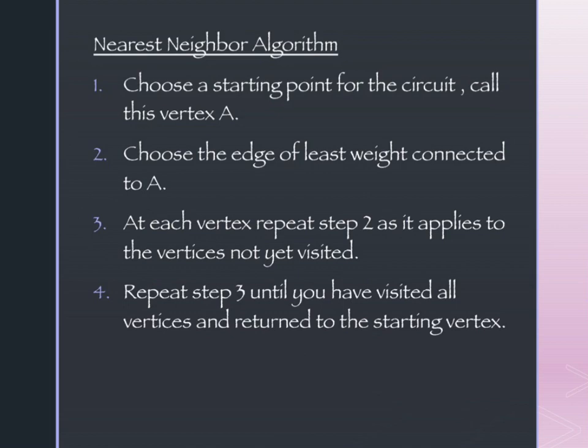We look from there forward to the next smallest that connects to that one. And we keep doing this process all the way until we get back to the starting vertex. And the reality is we may not find the absolute minimum Hamilton circuit, but it's going to be pretty close. It's going to be pretty good. It's going to be good enough because it's more efficient.